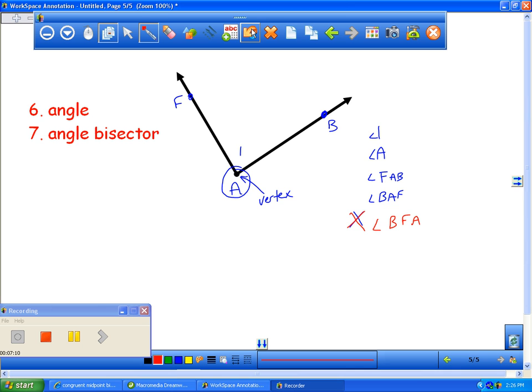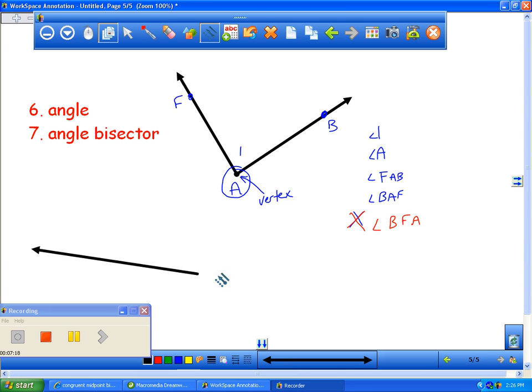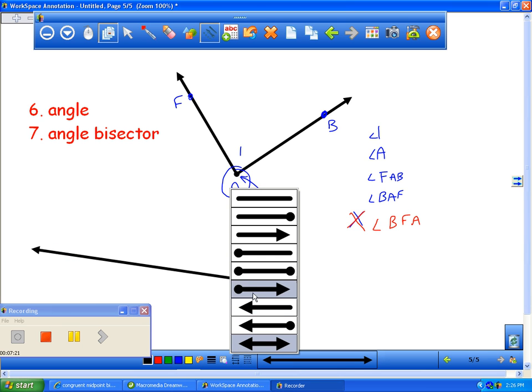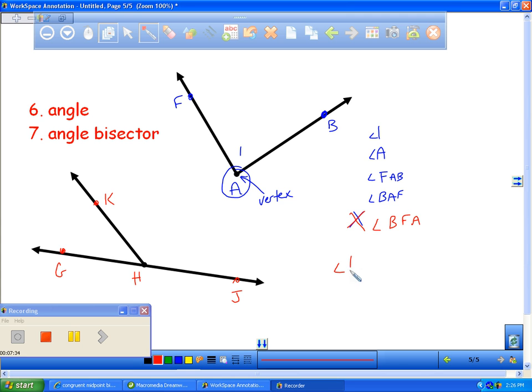Now, if you run into an instance where you have some sort of line, and then you have points G, H, J, and K, you can no longer call this angle H. The reason is that there would be an angle 1 at H, an angle 2 at H, or even the straight angle being angle 3.